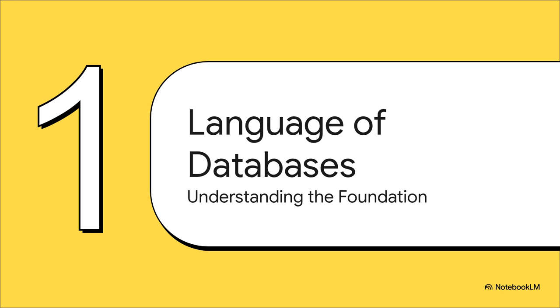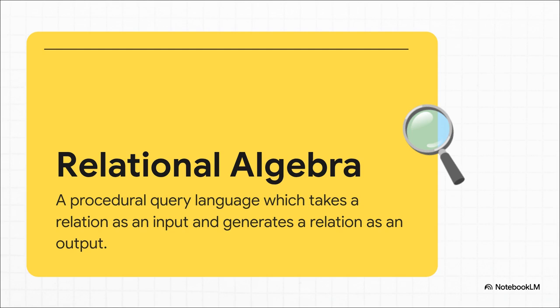To really get a handle on how to query a database, you first have to understand the language it thinks in, the core rules that make everything else even possible. And this right here is the absolute key idea. You gotta get this. Think of relational algebra like a machine. A table goes in one end, and a brand new table always comes out the other. It's a completely closed loop.